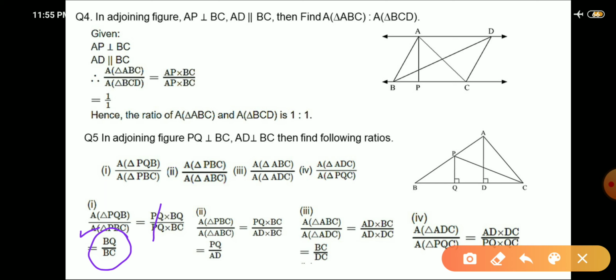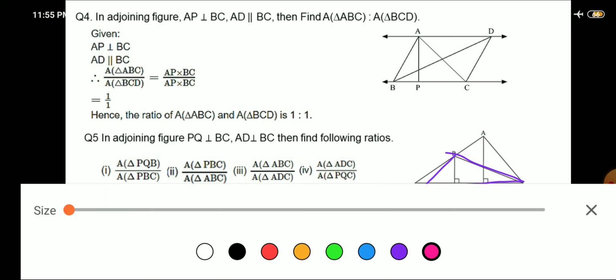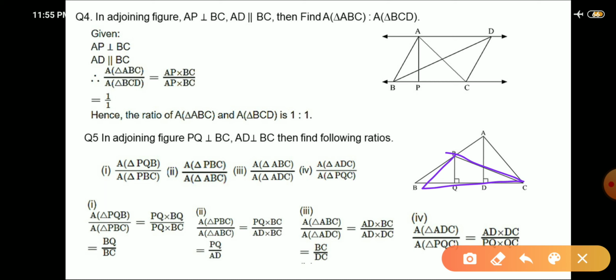Let's see another pair of triangles. The ratio of triangle PBC and another triangle ABC, the bigger one. Here we see these two triangles have a common base, which is BC. Therefore the ratio of these two triangles is directly proportional, or equal, to the ratio of their corresponding heights.